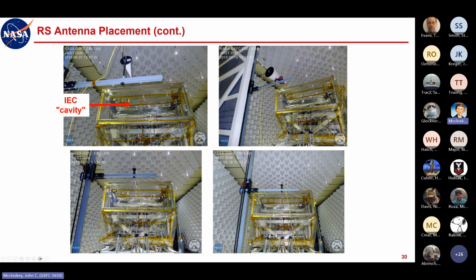But the actual rear face of the IEC is recessed here, so we couldn't get our field probes all the way back to be lined up with the front face of the IEC. We had to line them up with the front face of the structure here. And again, it was unfortunate that this was a metal structure that almost certainly affected things somewhat, but that's what the ISIM was mounted to, and we had to deal with it.